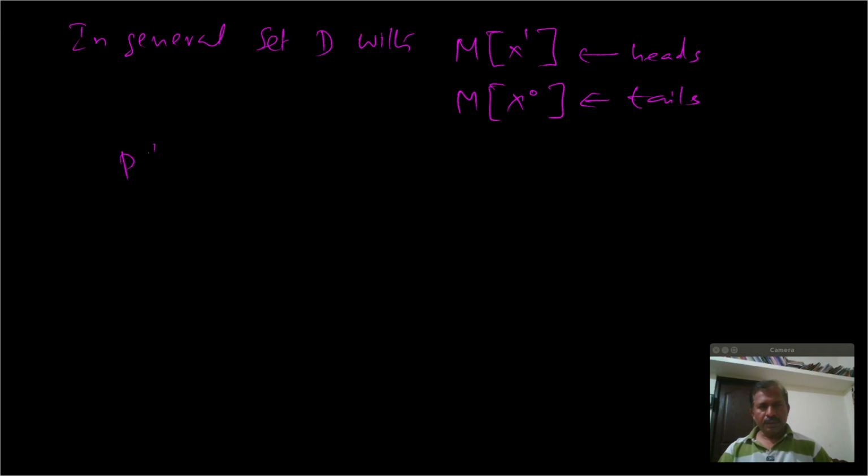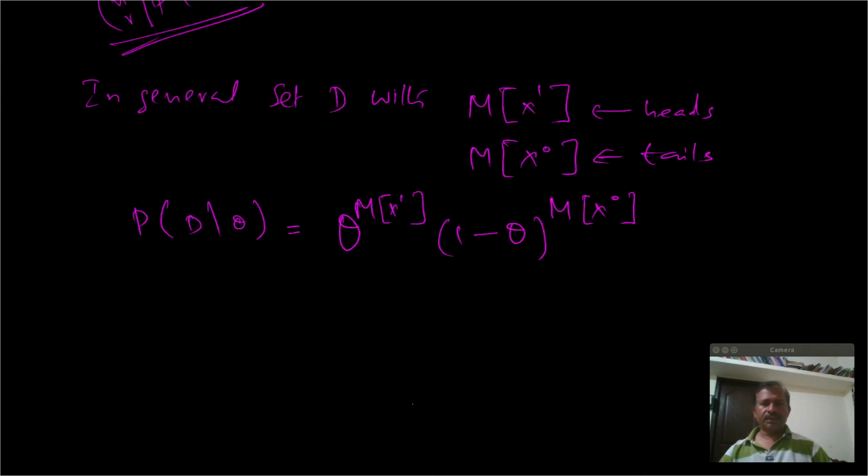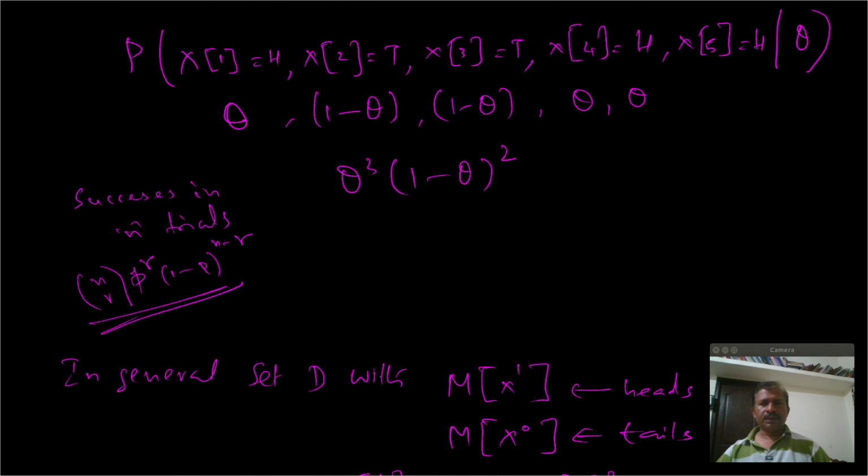So the P of data given theta is equal to theta to the m of x1 multiplied by 1 minus theta to the m of x0, right? So just see that in this example, why we have multiplied all this?